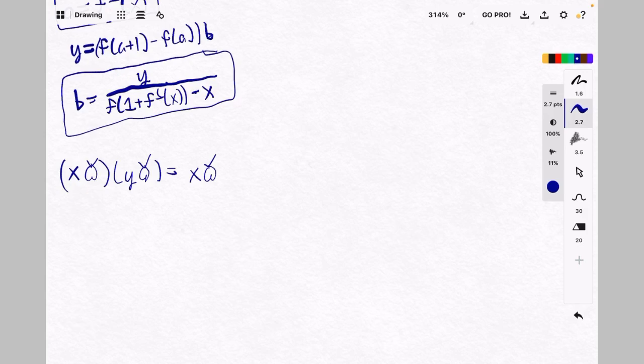There's tons of other things that we could do with this. We could change that x in the product to a y. We could add a negative to this.